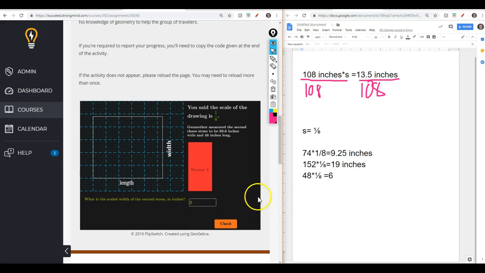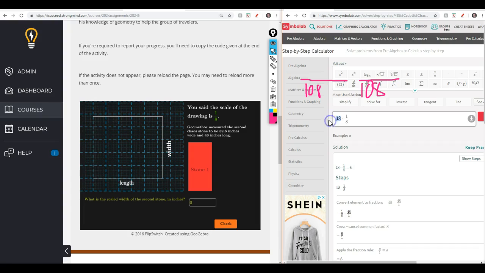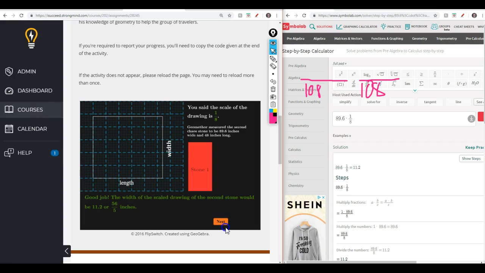So then the width of it was 89.6. We're going to multiply that by 1/8. So 89.6 multiplied by 1/8 gives us 11.2.